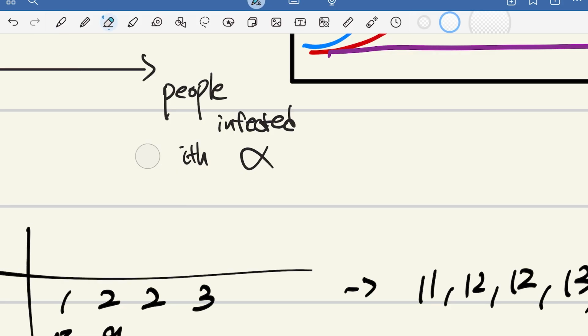Oh, my bad. It's not infected with alpha, it's just infected.